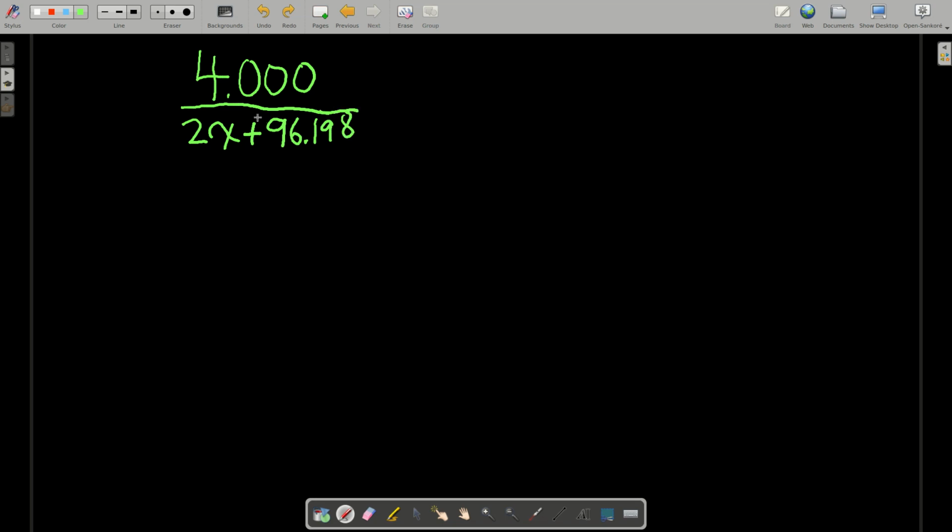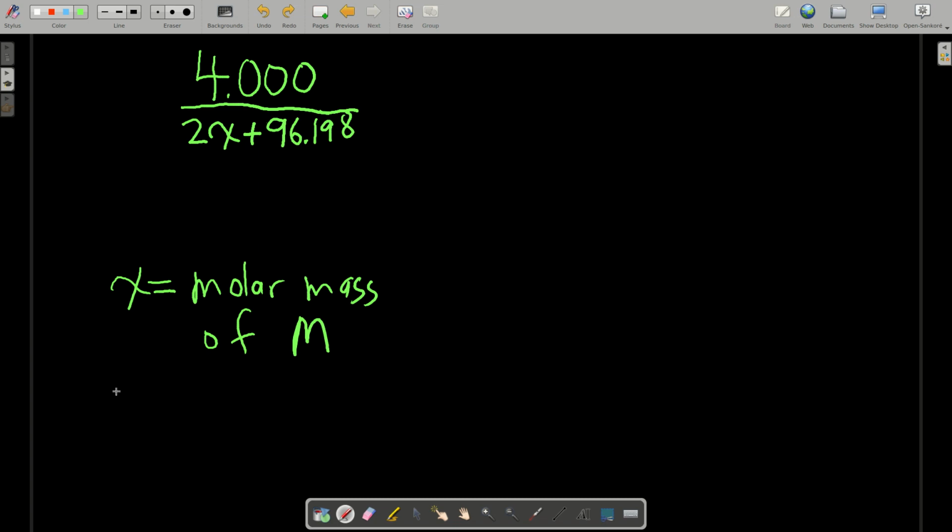So just so that you understand what this is, 4.000 is how many grams of M2S3 we had. X is the molar mass of the unknown metal M, okay?